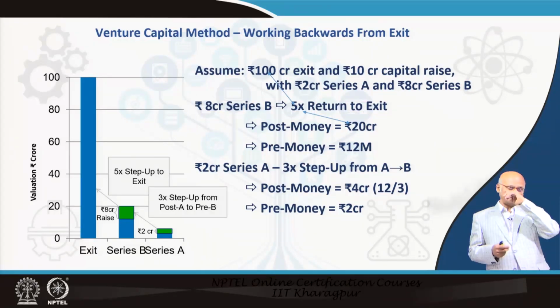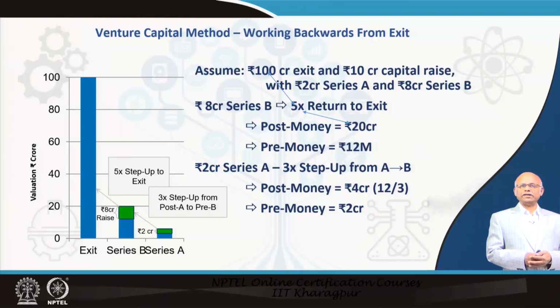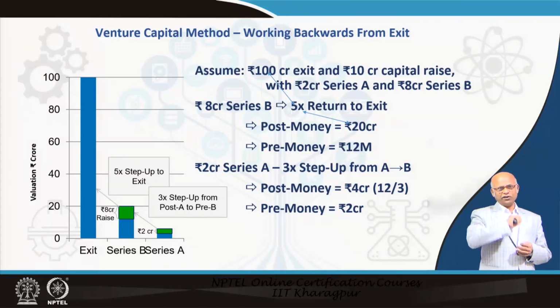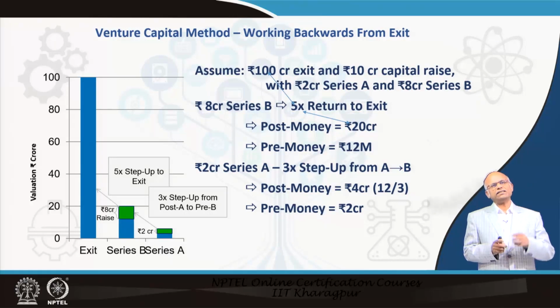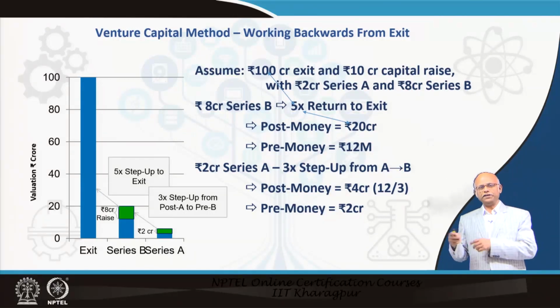So, the x axis actually decreases moving forward. Series A is the 0th year, series B may be 3rd year, exit is happening on the 4th year. While y axis is 0, x axis starts at 5, 5th year, 3rd year, 0th year.